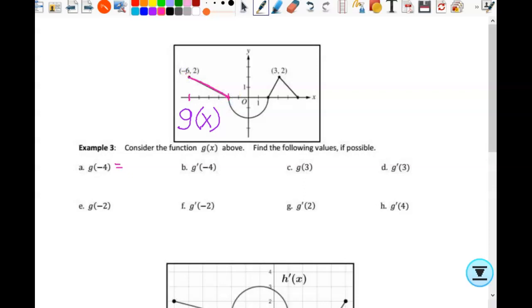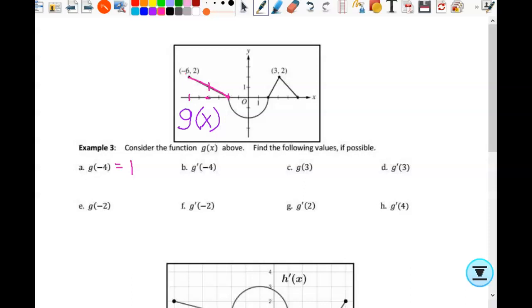So if I'm here at 1, 2, 3, 4, how far did I go up? When I go to the left 4, I go up 2. So if I go from here to the left 2, I go up 1. And so then I do think it's 1, and I'm not guessing off my graph. Make sure you're using your slope to figure those things out, okay? Does that make sense to you? If it's on a grid, that's different, but I don't really have a grid.